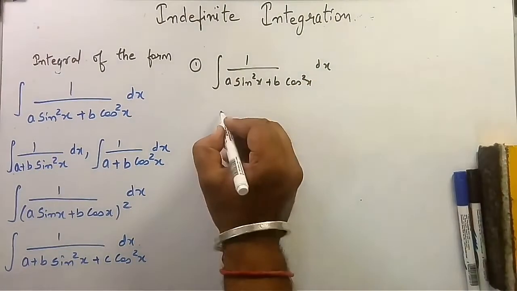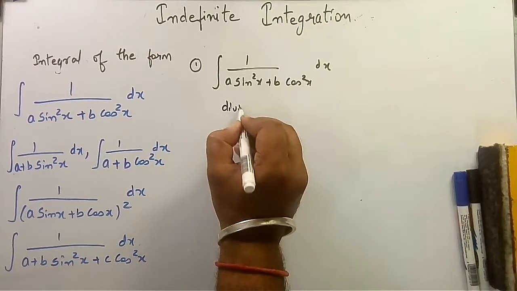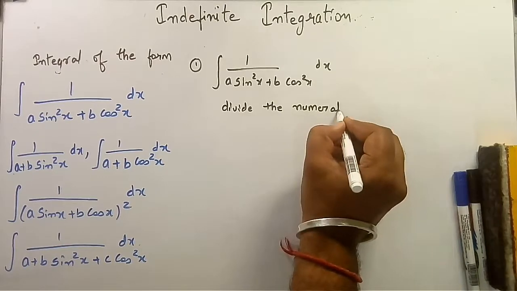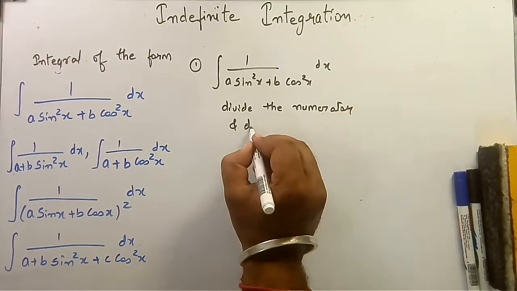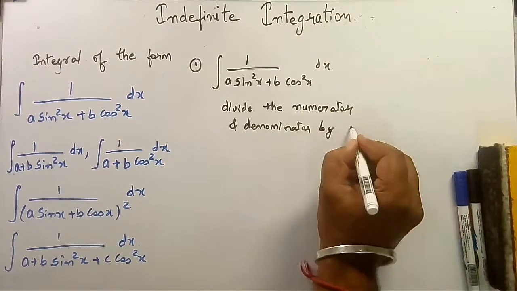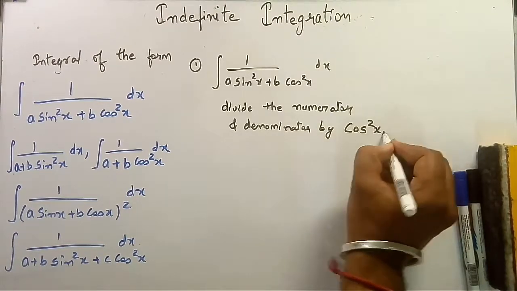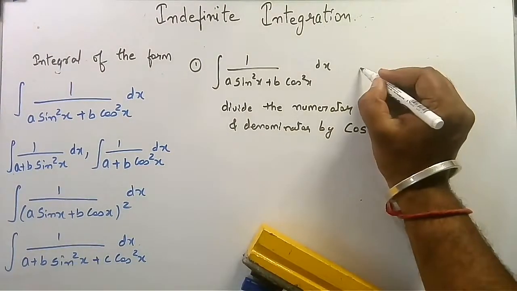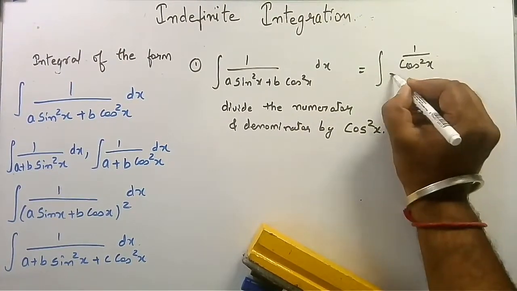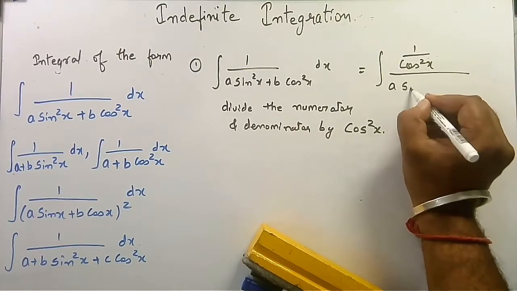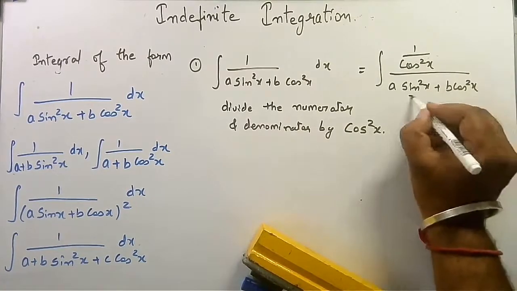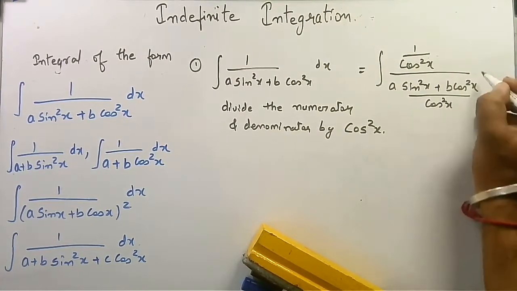Now in this method, divide the numerator and denominator by cos square x. Doing so, we will get 1 by cos square x upon a sine square x plus b cos square x upon cos square x dx.